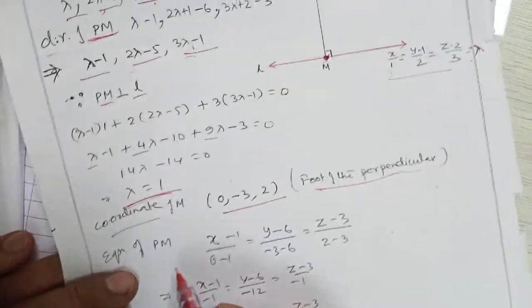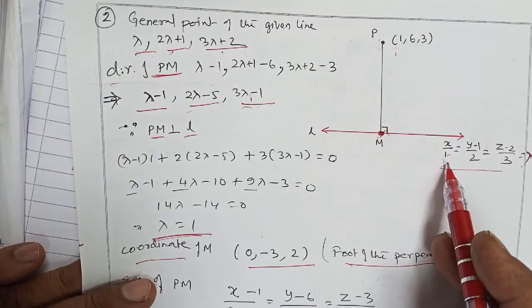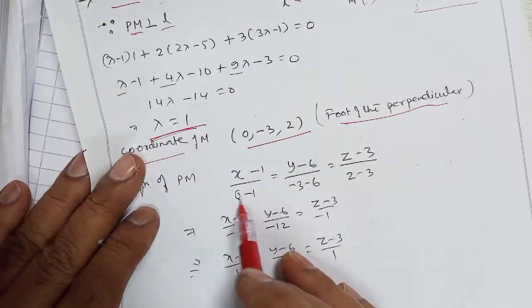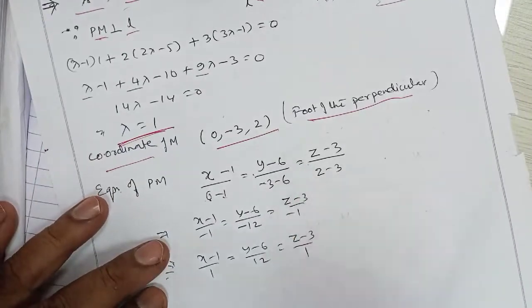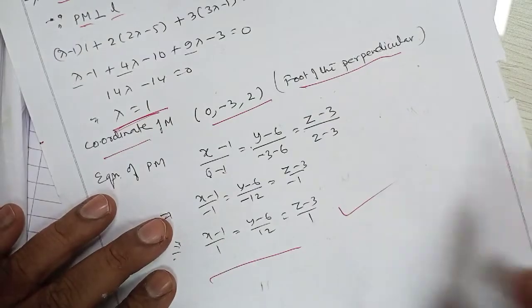Then the equation of the line will be by taking these two points, using the two-point method, x minus x1 by x2 minus x1. So we can do it easily.